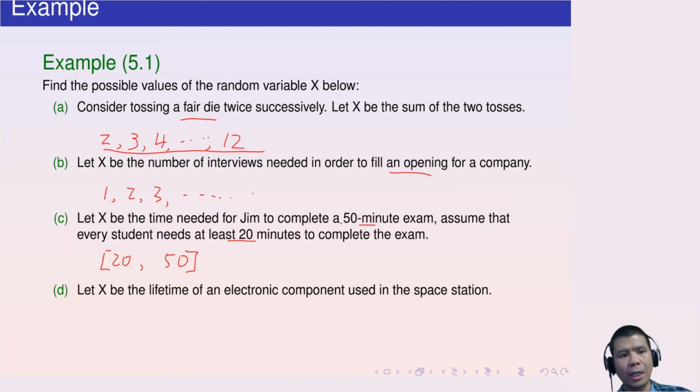So it can also be decimal points, right? 20.1, 20.001, and so on. So it can be decimal points as well. So in other words, we can use this interval to represent all the possible values of X. D, and let X be the lifetime of the electronic component used in a space station.